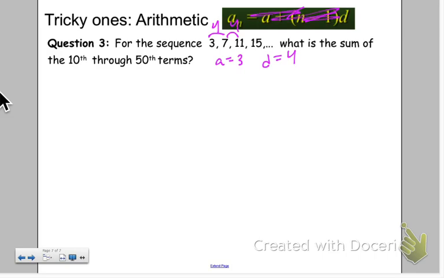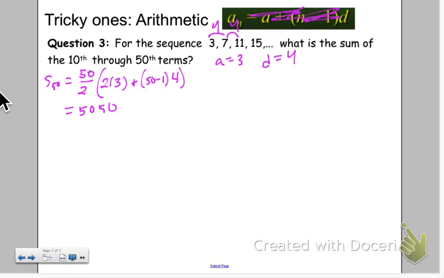The sum of the first 50 is going to be 50 over 2 times 2 times the first term plus 50 minus 1 times the common difference, which is 4. Get all that, and that equals 5050.